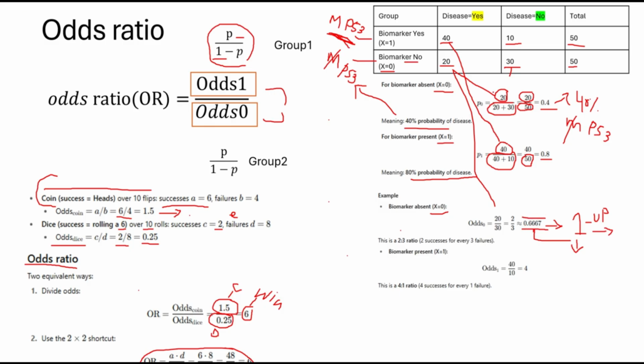So if patients do not have the mutation, they are more likely to be healthy. So the odds are 2 by 3.